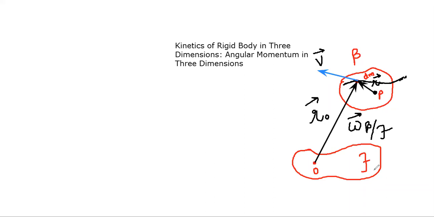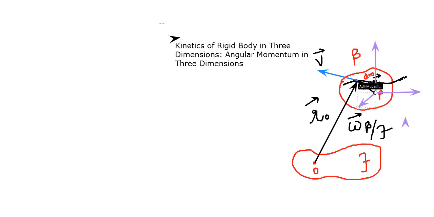Now, as we go ahead in defining the components, let's suppose that we begin by introducing a system of rectangular axes, x-axis, y-axis, and z-axis, which have their origin at P. Let's say this is our x-axis having origin at P. And we have a y-axis, say for example like this, and we have a z-axis like this.